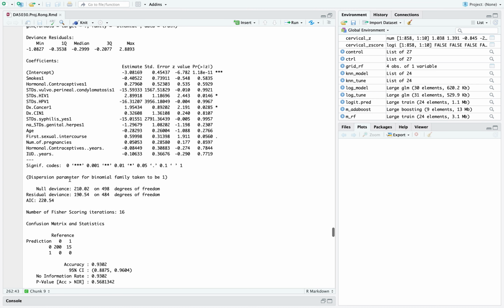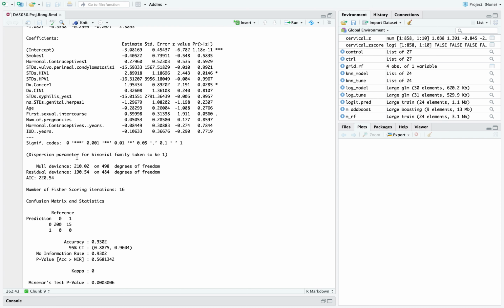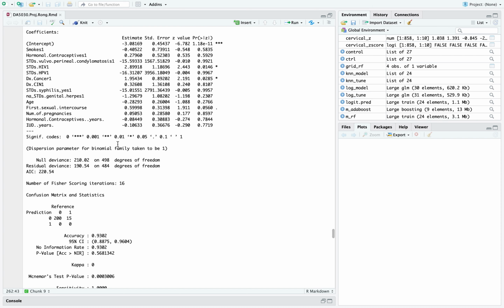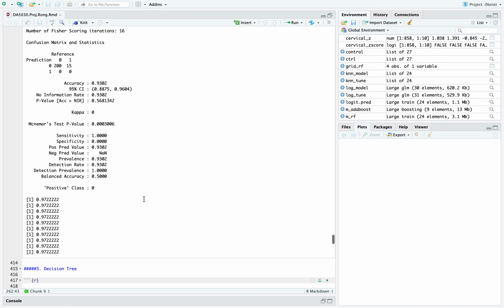Maybe it's because my data set is not big enough, and there are not that many positive records for the model to learn how to predict the result.